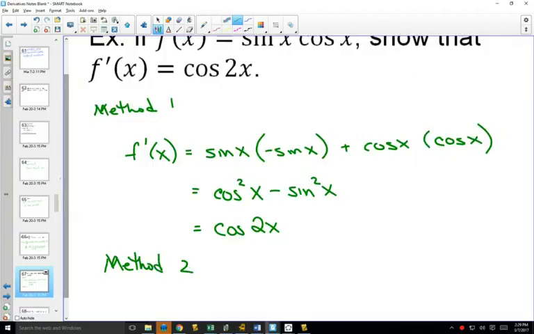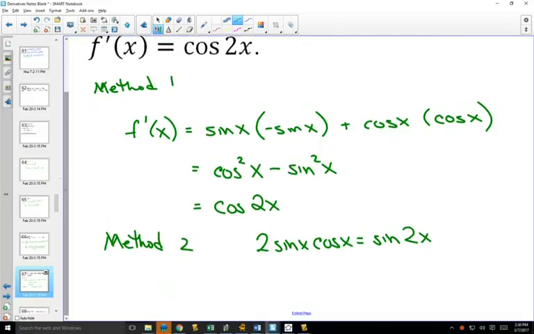Method number 2. Do you remember this identity? That 2 sine x cos x equals sine 2x? If you remember that identity, can you tell me what sine x cos x is equal to?